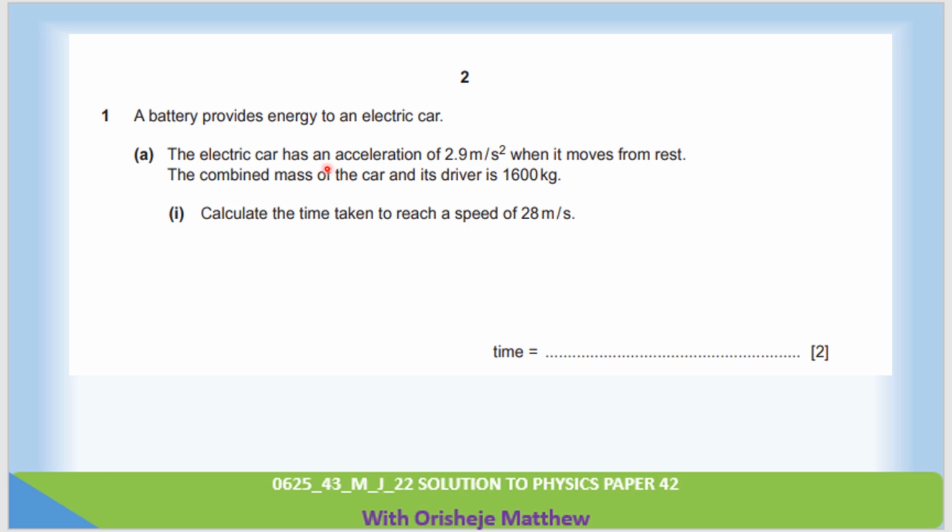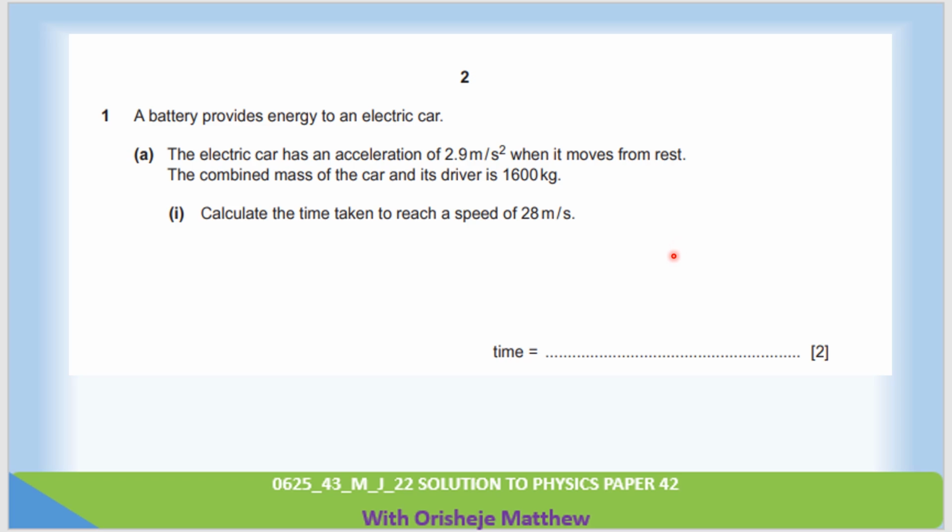The electric car has an acceleration of 2.9 meters per second squared when it moves from rest. So the initial speed is 0 from rest. Take note, u equals 0. The combined mass of the car and its driver is 1,600 kg. Calculate the time taken for the speed to reach 28 meters per second.